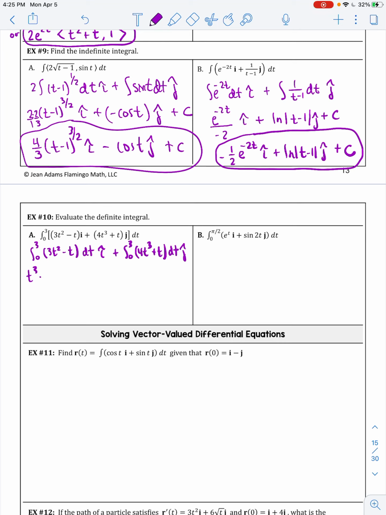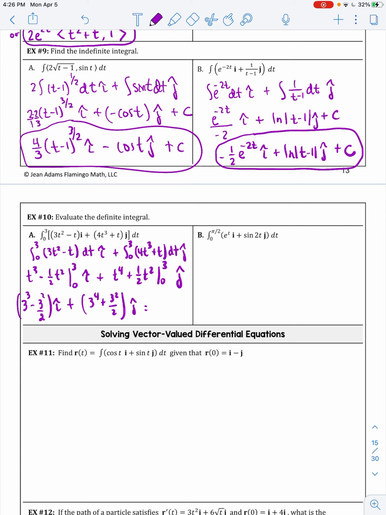So this gives us t cubed minus 1/2 t squared from 0 to 3 i plus t to the 4th plus 1/2 t squared from 0 to 3 times j, which is 3 cubed minus 3 squared over 2, and then minus 0 would just give you 0, i, plus 3 to the 4th plus 3 squared over 2 minus 0, which would just give you 0. So don't worry about that, times j.